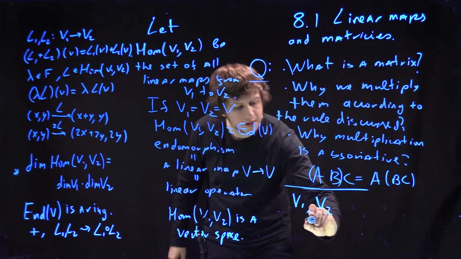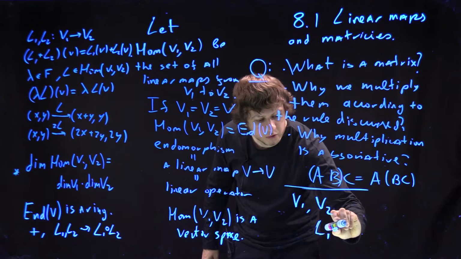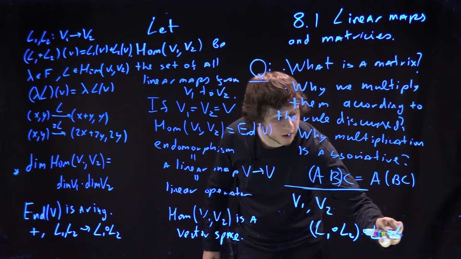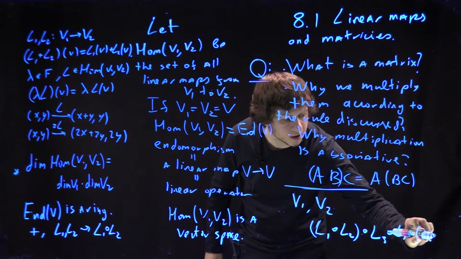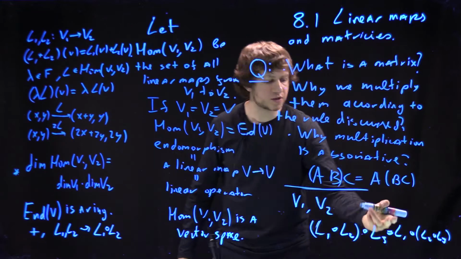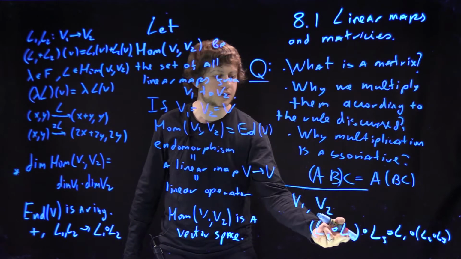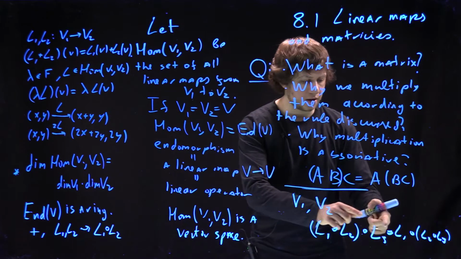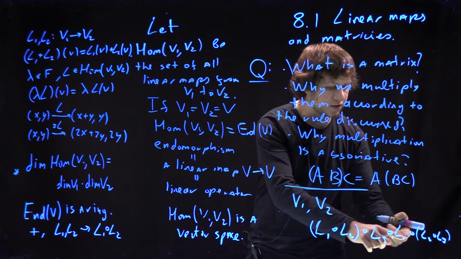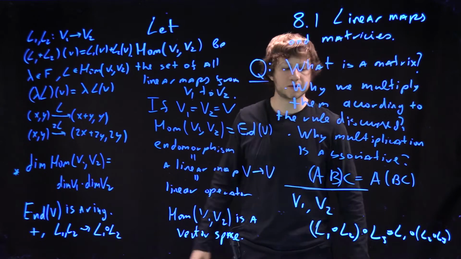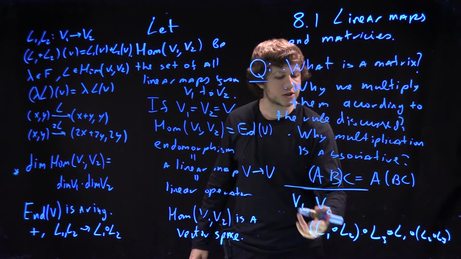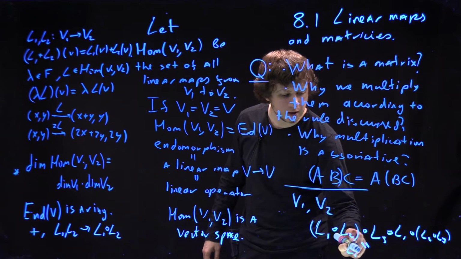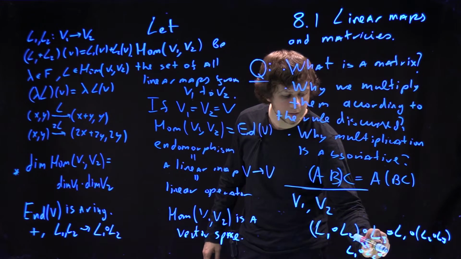So the axiom like this for linear maps, (L1 composed L2) composed L3 equals L1 composed (L2 composed L3), is completely obvious, just because if you take any vector, you apply L3, then L2, and then L1, it's the same thing as to apply first L2 composed with L3 and then L1. That's absolutely the same thing. That just tells you where the map goes under the composition of all three maps. So that's all the same thing as just L1 composed L2 composed L3.